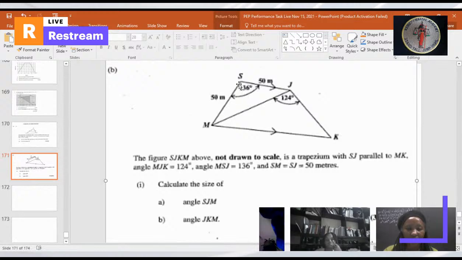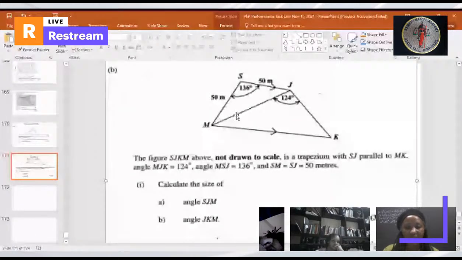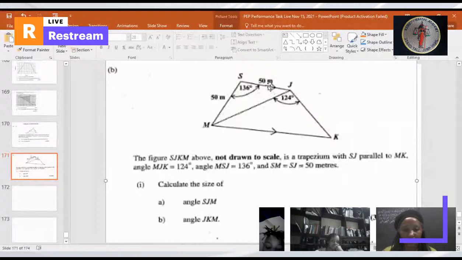So if we take the 136 from 180 and divide the answer by 2, we're going to get each of these angles. 180 minus 136 is 44 degrees, and we divide it by 2 because it's two equal angles. So 22 degrees each. These angles are 22 degrees. All right, so that's the answer for A.